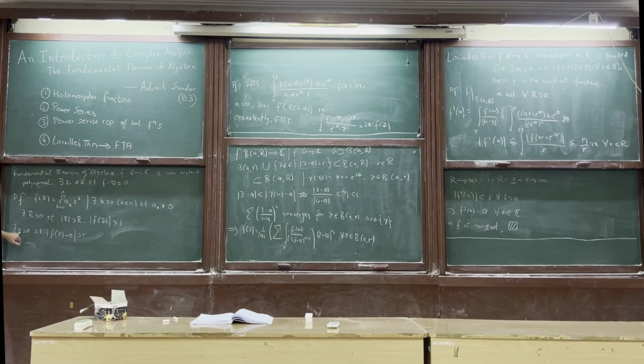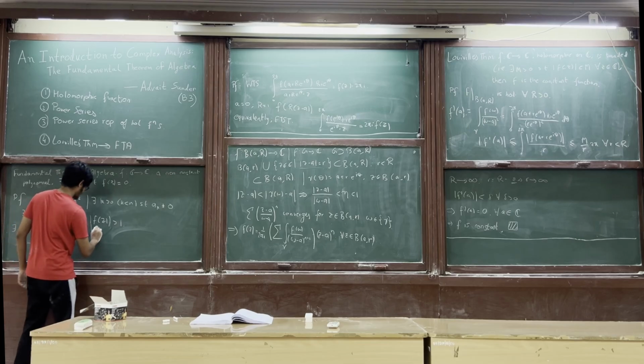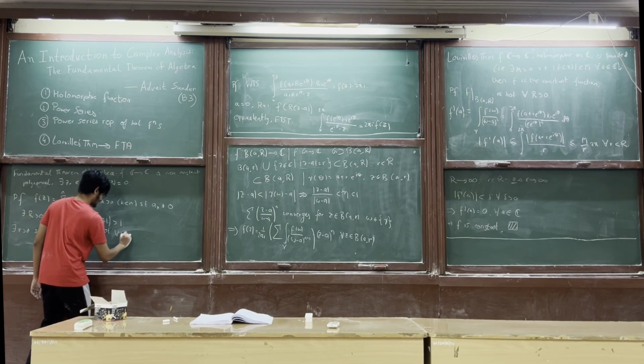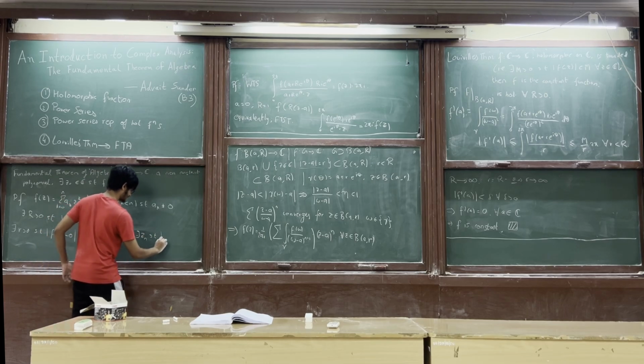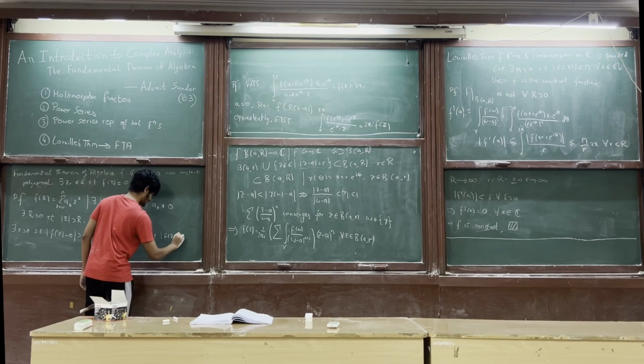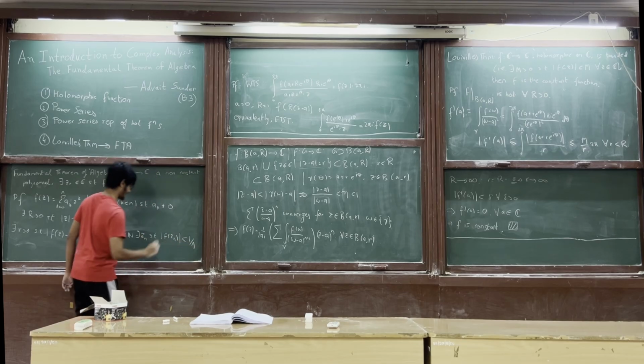Because if not, for all natural numbers n, there exists z_n such that mod f of z_n is less than 1 by n.